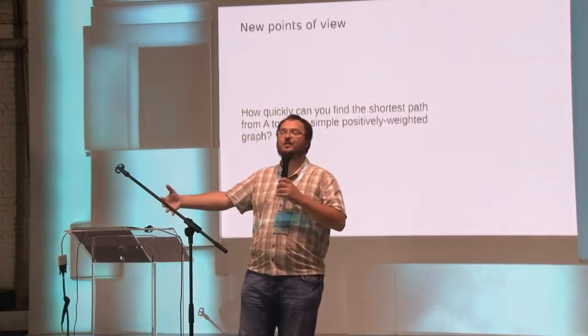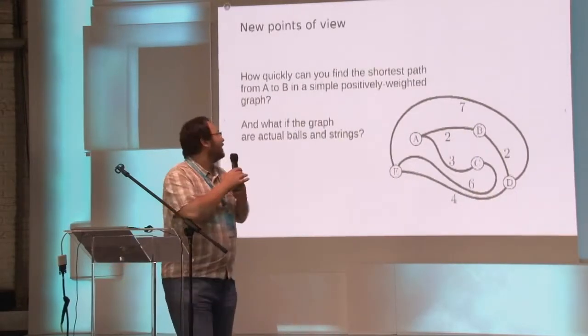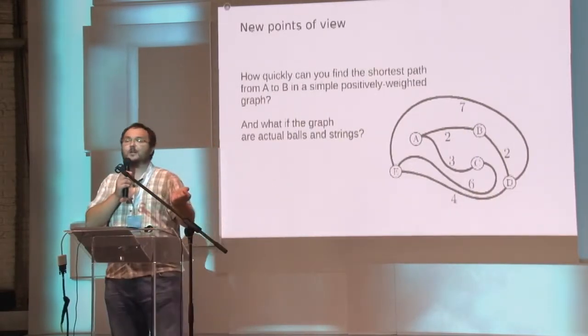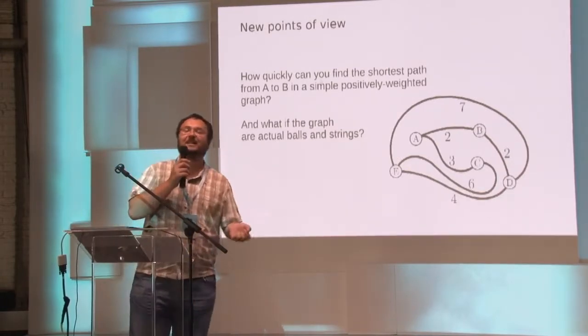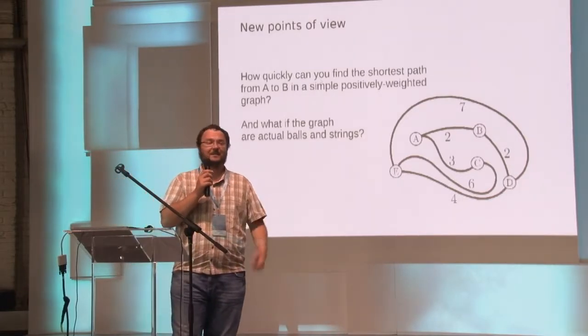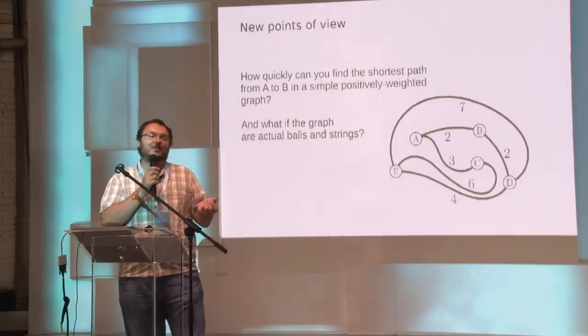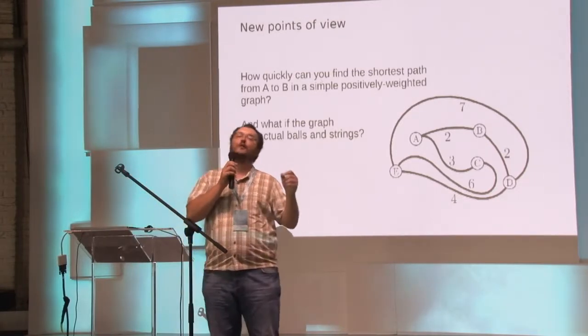We ask questions. For instance, we can ask, okay, but what if I actually give you a physical model of the graph, some balls, some pieces of string, what is the fastest way to find the shortest path from A to B? And now Dijkstra's algorithm is not the obviously correct answer. There are better ways, and actually you can do it in sort of constant time.